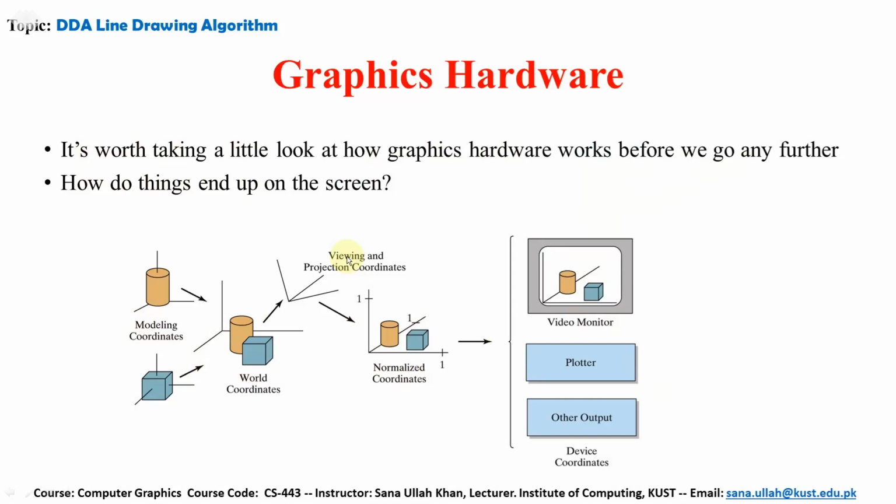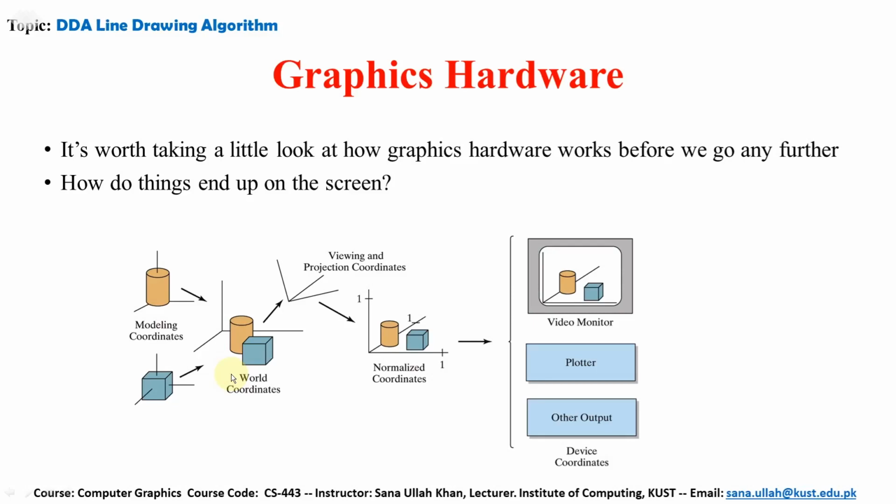Before starting towards the line algorithms, let's look a little at how graphics hardware works. How do things end up on the screen? These are modeling coordinates: when each separate object is created as a model in 2D, it is called model coordinates. When two or more models are combined, they become a scene.